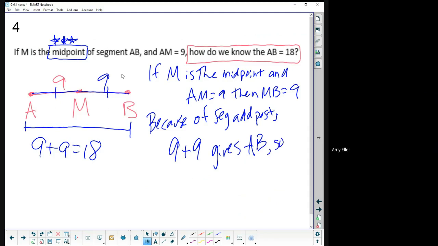So 18 is AB. Because of segment addition postulate, 9 plus 9 equals the whole thing, AB. And then 9 and 9 is 18.